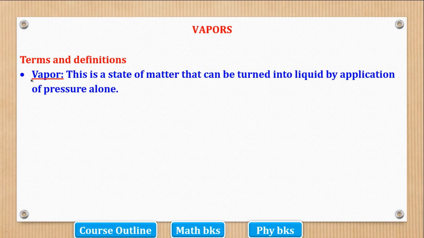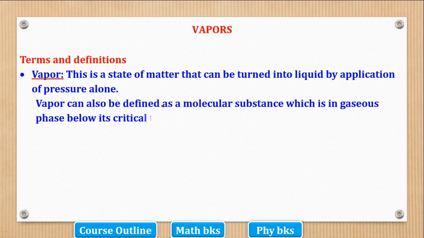When they talk about a vapor, it is a state of matter that can be turned into liquid by application of pressure alone. A state of matter that can be turned into liquid by application of pressure alone, that will be a vapor.